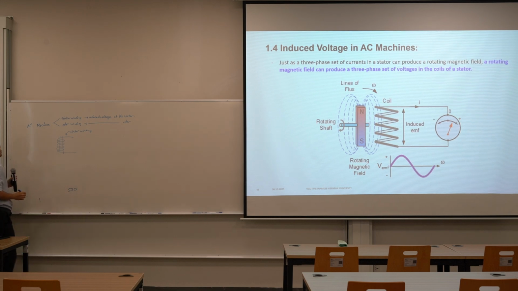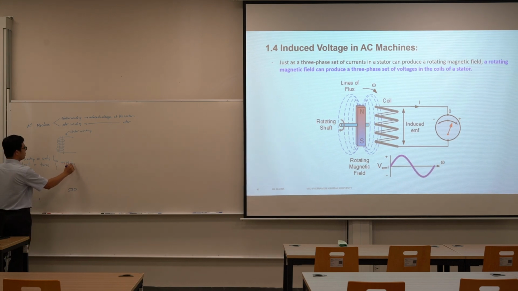Of course, for a three-phase AC machine, we have three windings: winding A, winding B, winding C. You remember that in one winding we have many coils, and one coil has many turns. In general, we have n turns.